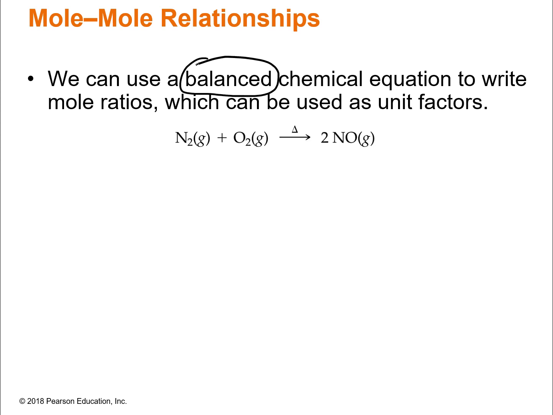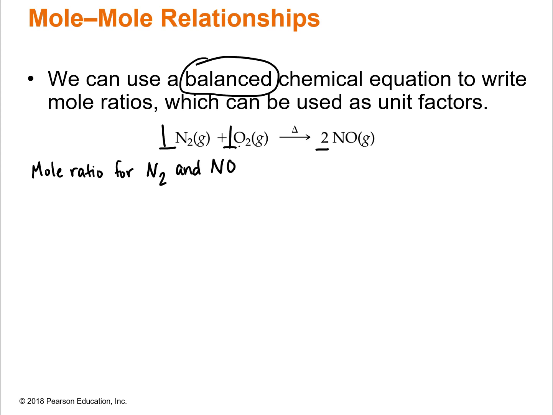Right now, we're looking at an equation where we're making nitrogen monoxide by mixing nitrogen gas and oxygen gas. There's no coefficient out in front of these, so remember that means that there's a 1 here. And for the nitrogen monoxide, there's a 2. Let's say that I wanted to have the mole ratio for nitrogen gas and nitrogen monoxide.